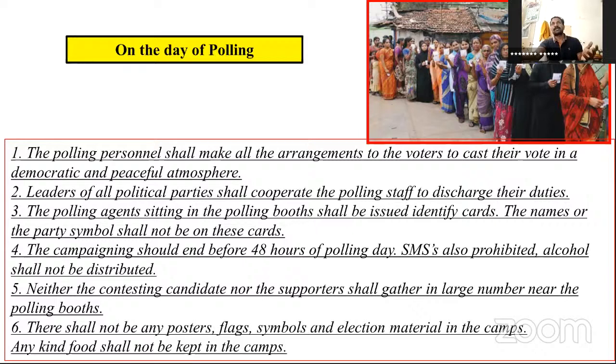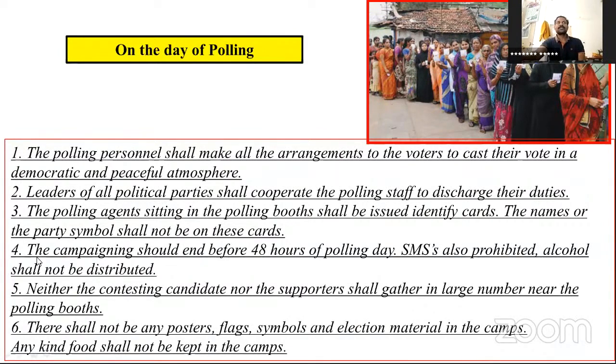One political party sends one person as polling agent to recognize who is a voter or not. But party symbols and photo identities are not allowed into the polling station.